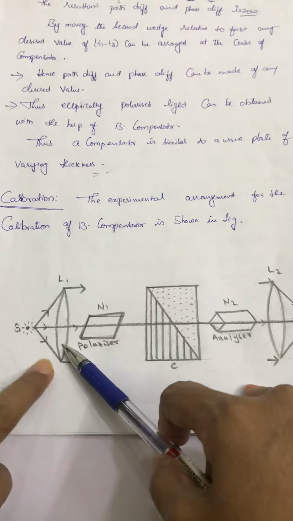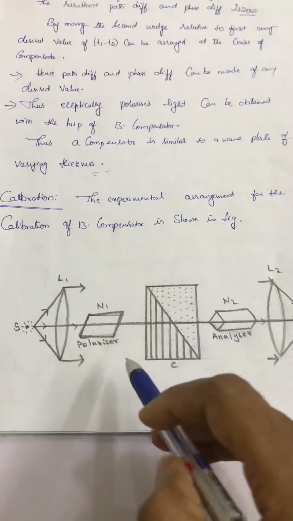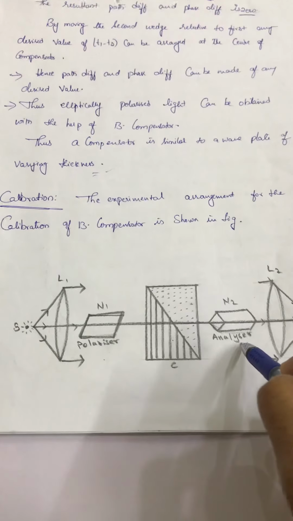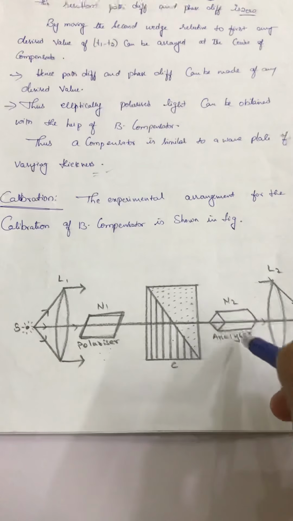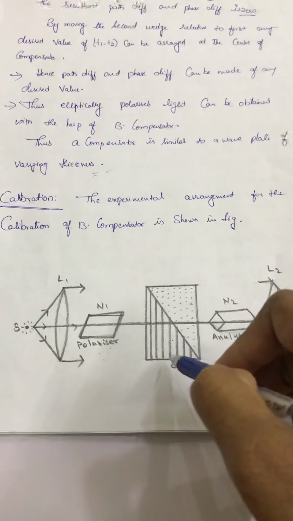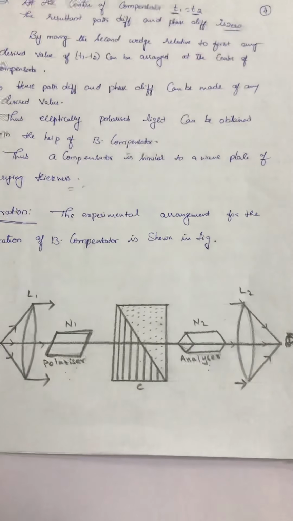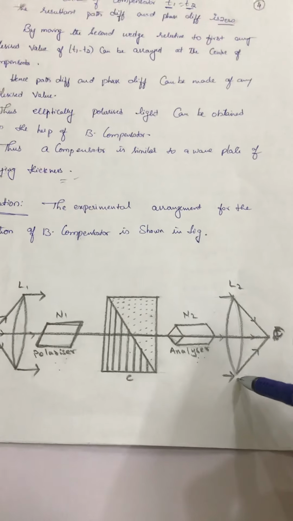After that, next to this we have one lens, L1, and two nicols N1 and N2 arranged here to polarize the light. N1 acts as a polarizer, N2 acts as an analyzer. In between these two, the Barnes compensator C is arranged. Next to the analyzer we have lens L2.